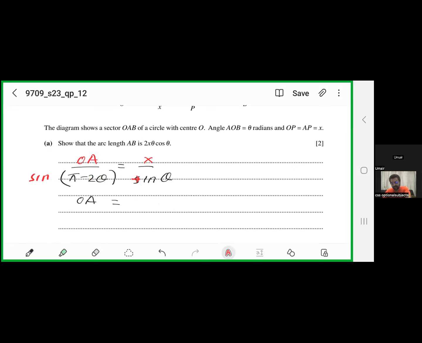So from here, OA will be equal to x over sine theta multiplied by sine of pi minus 2 theta.